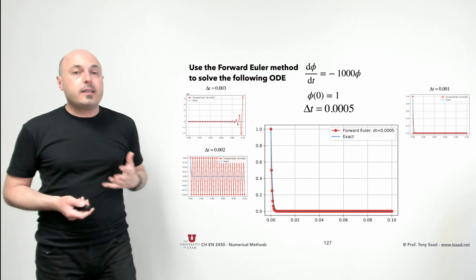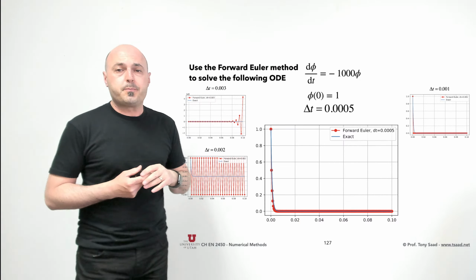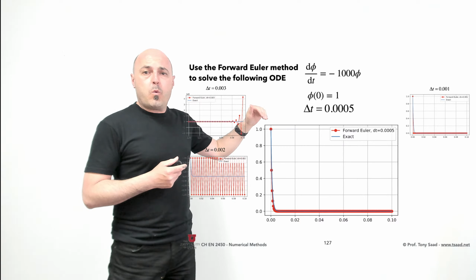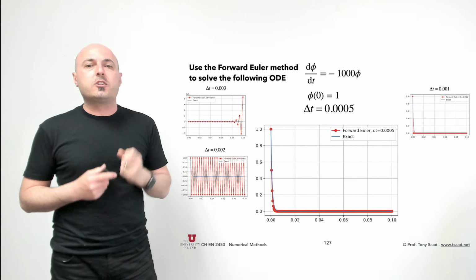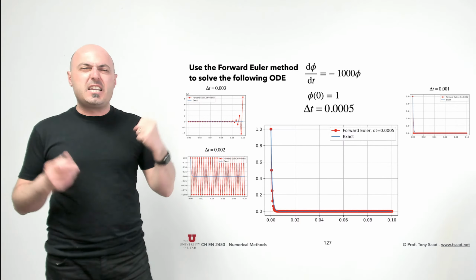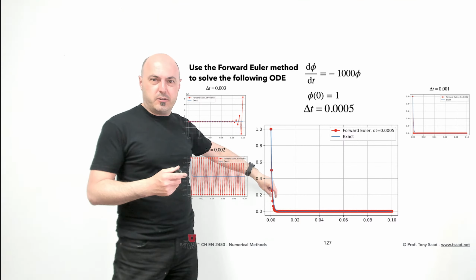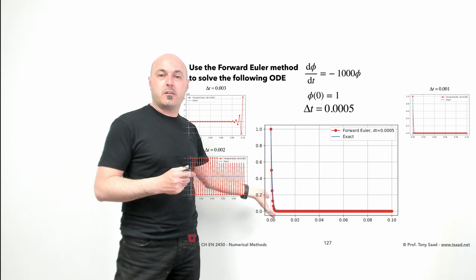Now, there is a reason for why this is happening. The intuitive explanation is that when things change abruptly, explicit methods need a lot of points within that interval to be able to capture it.